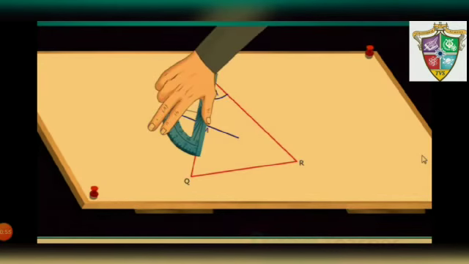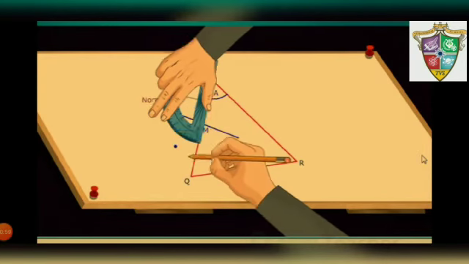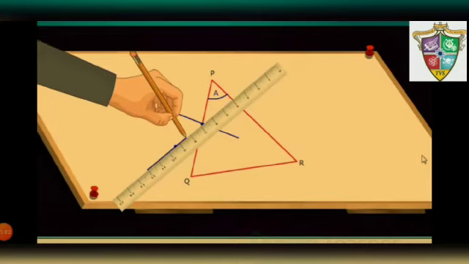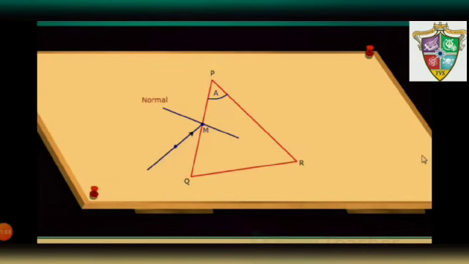With the help of a protractor at the origin M, make an angle, say 30 degrees, and join the line at M. This line is known as the incident ray, and the angle made by the incident ray and the normal is called the angle of incidence.